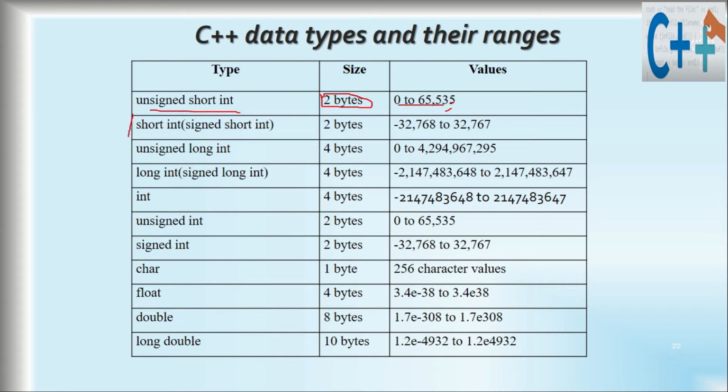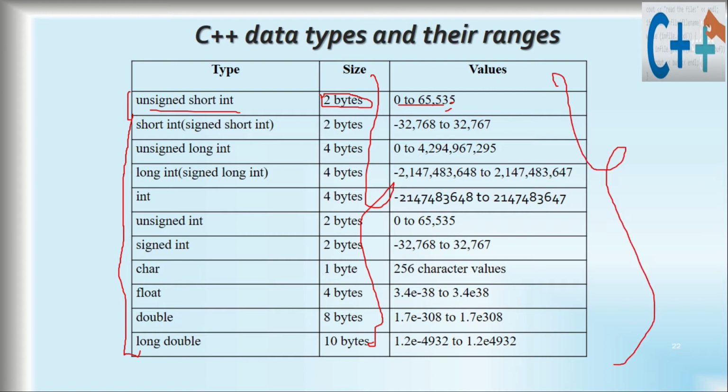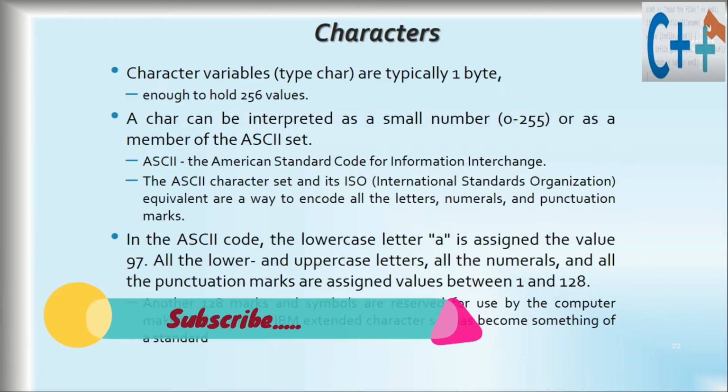And these are all the C++ data types with their range and size. This is the size, and this is the value or the range of this data type. So you can see it one by one for reference.